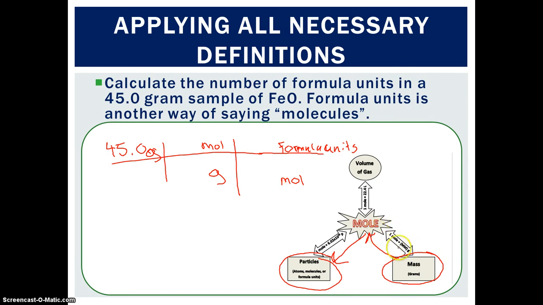So for here, I'm coming to my unit equality, and this is iron oxide. I need the molar mass. So I have FeO, 1 iron, 1 oxygen. So 55.85, that came from the periodic table, plus 16.